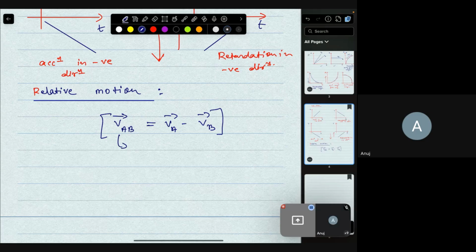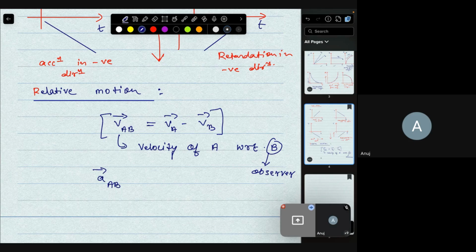It is velocity of A with respect to B. That means this is where the observer is located, and from here we are looking at the velocity of A. Similarly, acceleration formula: a_AB is equal to acceleration A minus acceleration B.